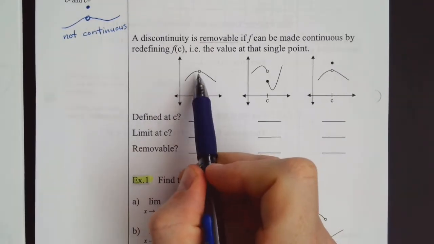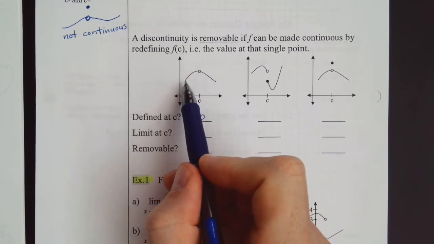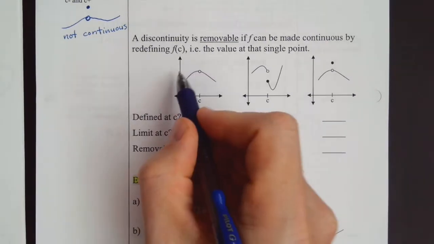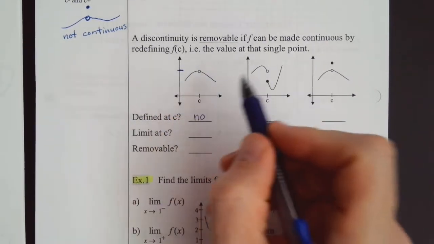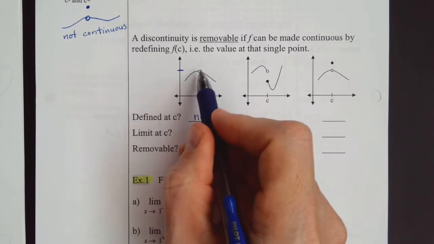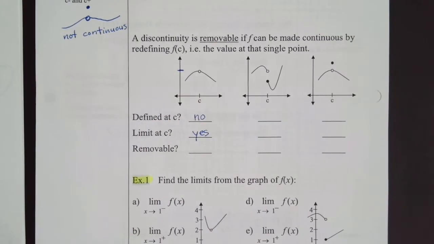Does the limit exist at C? Now, some students want to say no, but the answer is yes. From the left, we're coming up here, we're approaching whatever this y value is over here. And from the right, we're also approaching that same number. Both sides are approaching the same number, so yes, the limit exists.